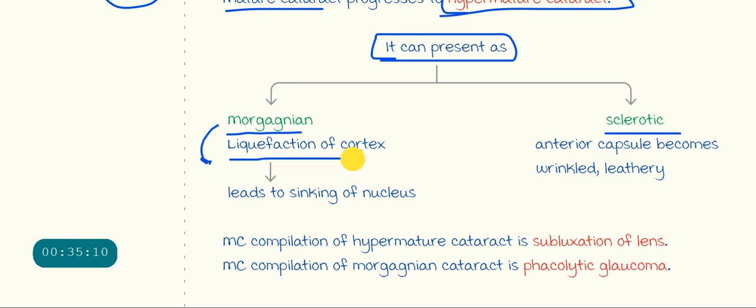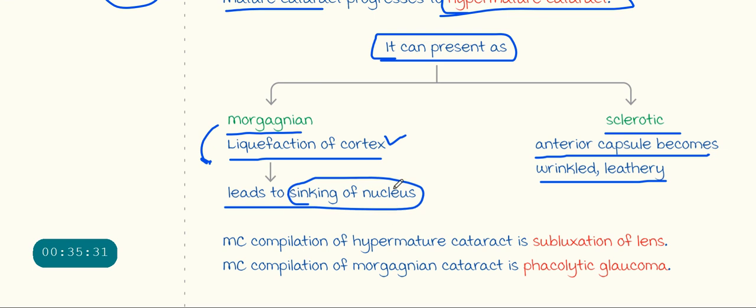In sclerotic, the anterior capsule becomes wrinkled. In Morgagnian cataract it leads to shrinking of the nucleus. Here there is shrinking of the nucleus, and here is the wrinkling.